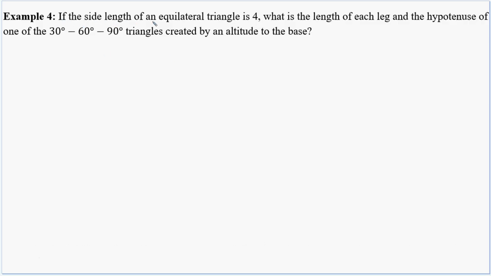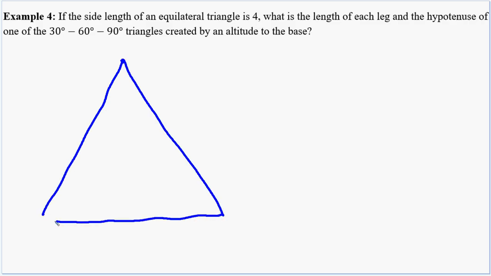So if one side length of an equilateral triangle is 4, draw this nice and big. So all sides are length 4. What is the length of each leg and the hypotenuse of one of the triangles created by the altitude and the base? So I'm going to drop my altitude. Here's my right angle.